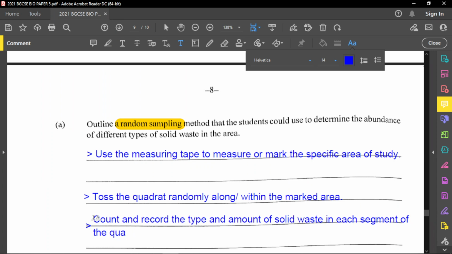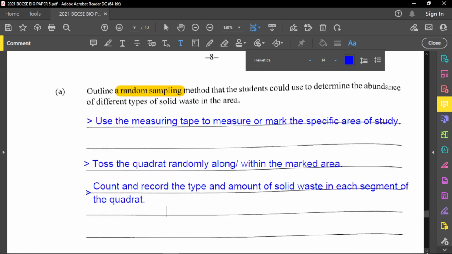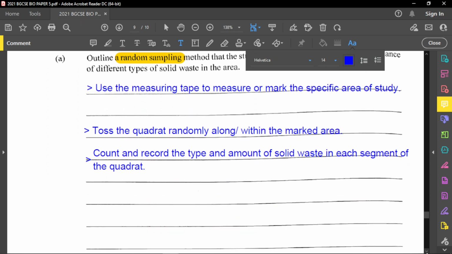So we want to make sure we mark or measure that. For each section of the quadrat, make sure you count, and make sure you record the type and the amount of the solid waste in each segment of the quadrat.